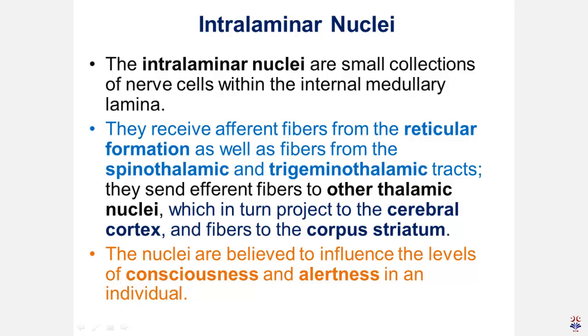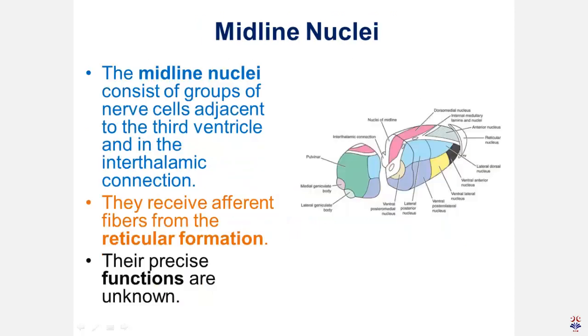And they send efferent fibers to the other thalamic nuclei, which in turn project to the cerebral cortex. These intralaminar nuclei also send fibers to the corpus striatum. And they are believed to influence the level of consciousness and alertness in an individual.